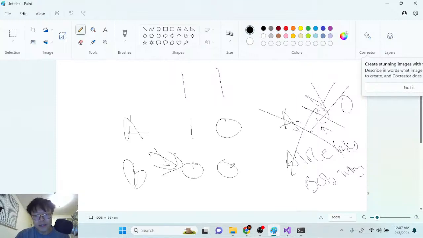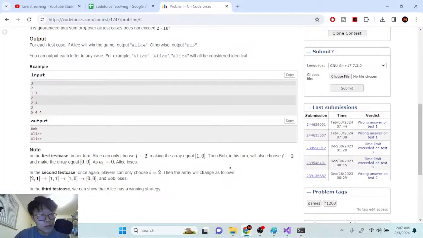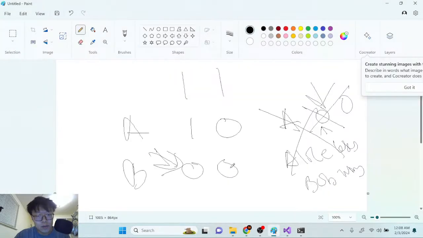So, the game doesn't end after a turn. Otherwise, Bob loses right here. Wait, let's see. Yeah, otherwise, Alice would win here, because if Bob reaches 0, then Alice wins.